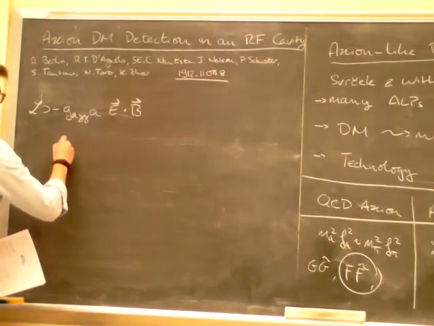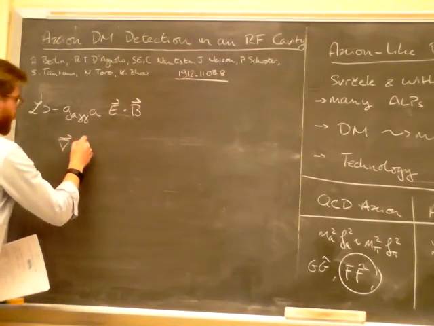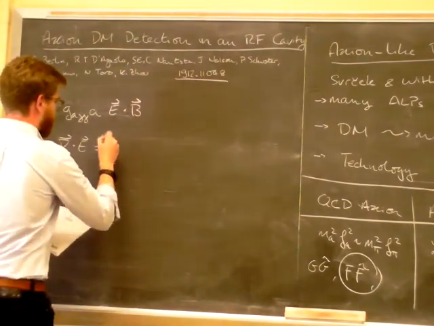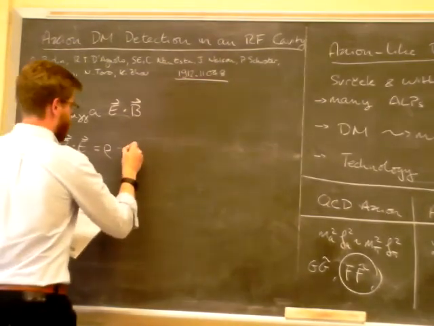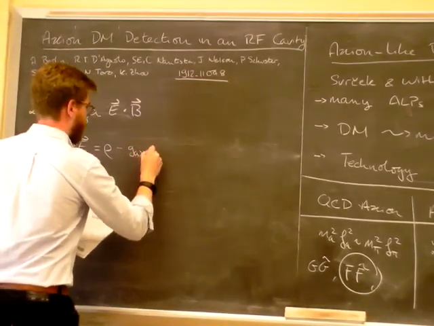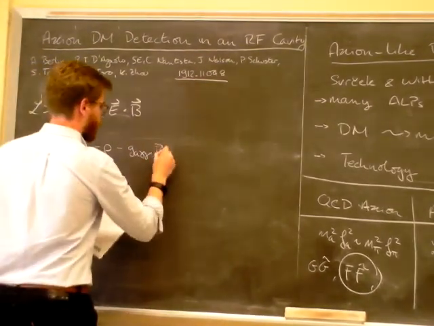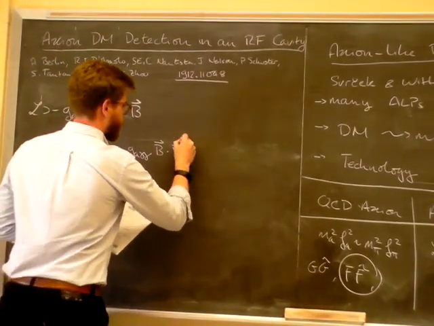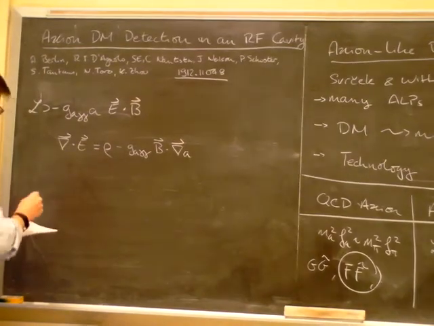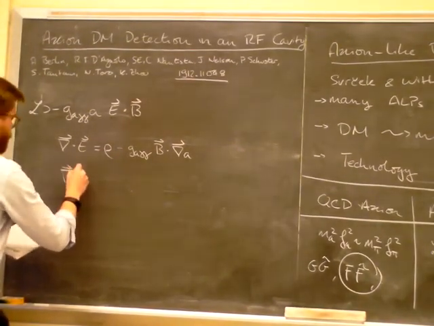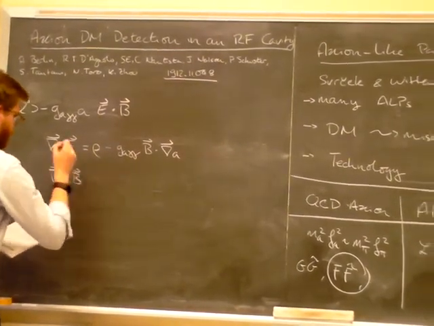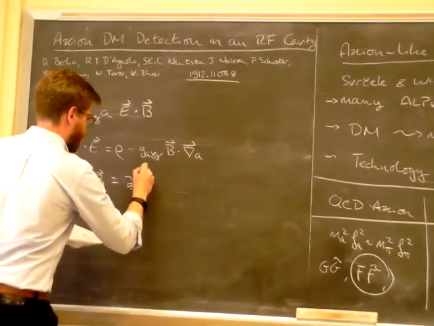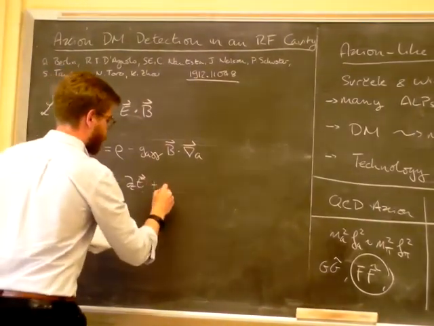And indeed what we would find is that now what we remember for the first law of electrodynamics gets modified to include a piece that depends on the axion, and also our second most beloved equation of electrodynamics also gets modified.